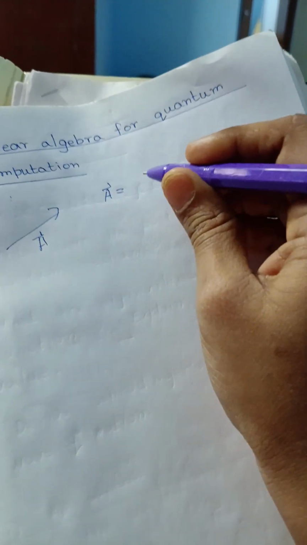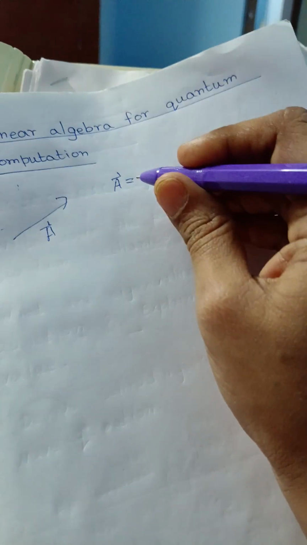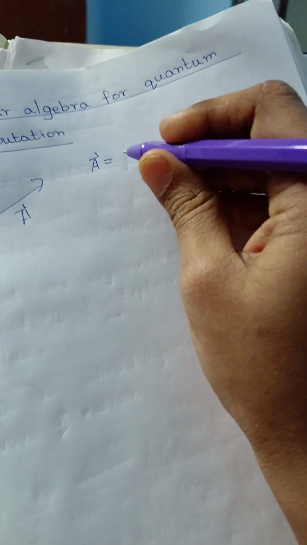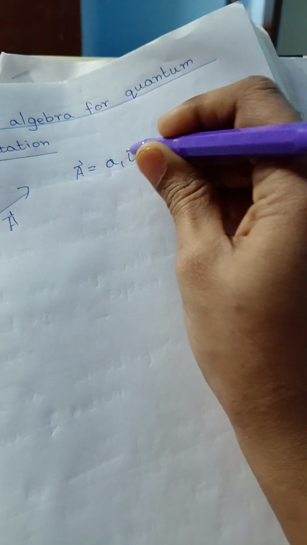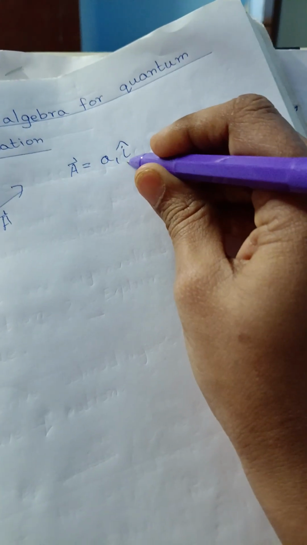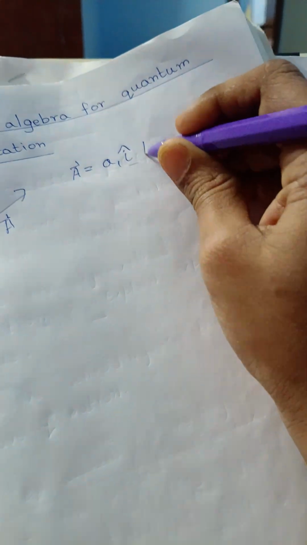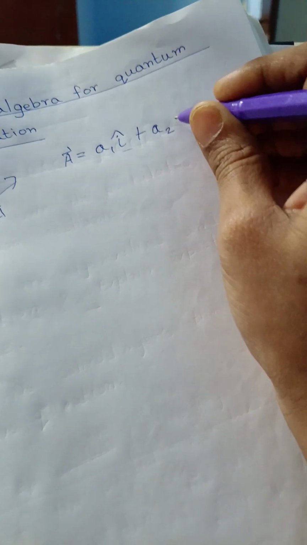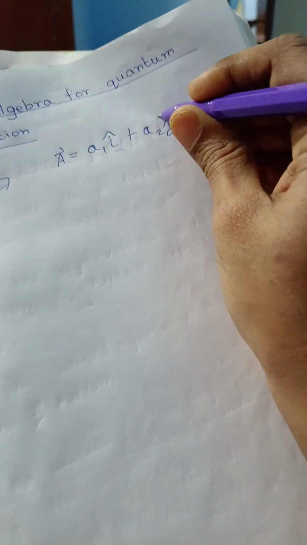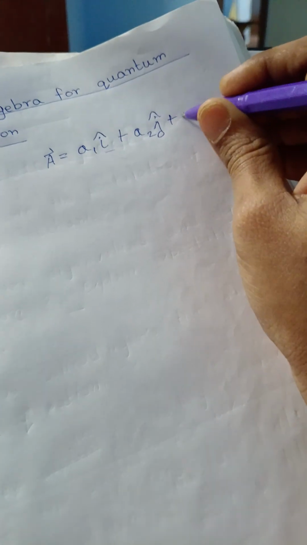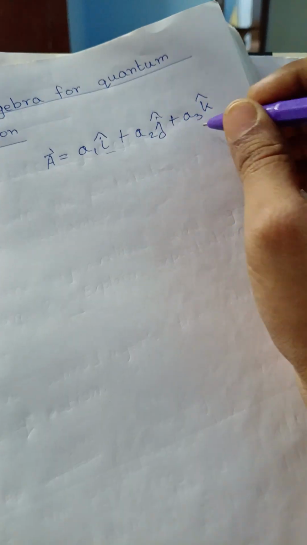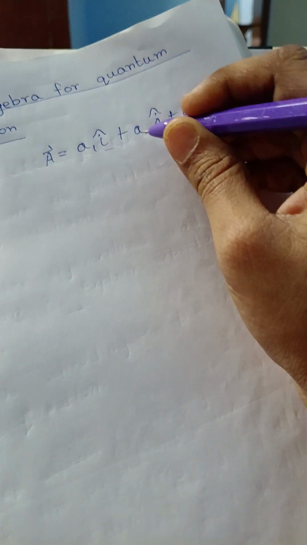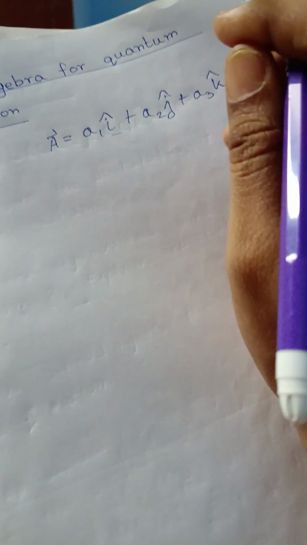Let A vector be A1 i cap, where i cap is the unit vector along x axis, plus A2 j cap plus A3 k cap, where j cap and k cap are unit vectors along y axis and z axis respectively.